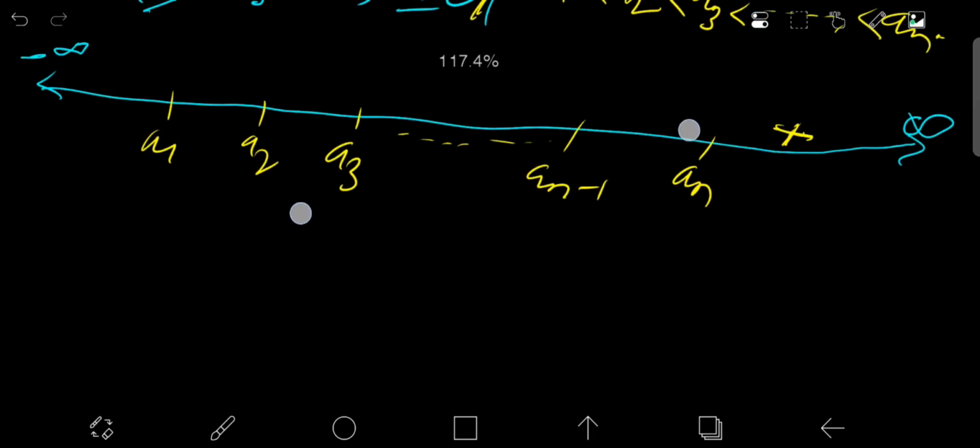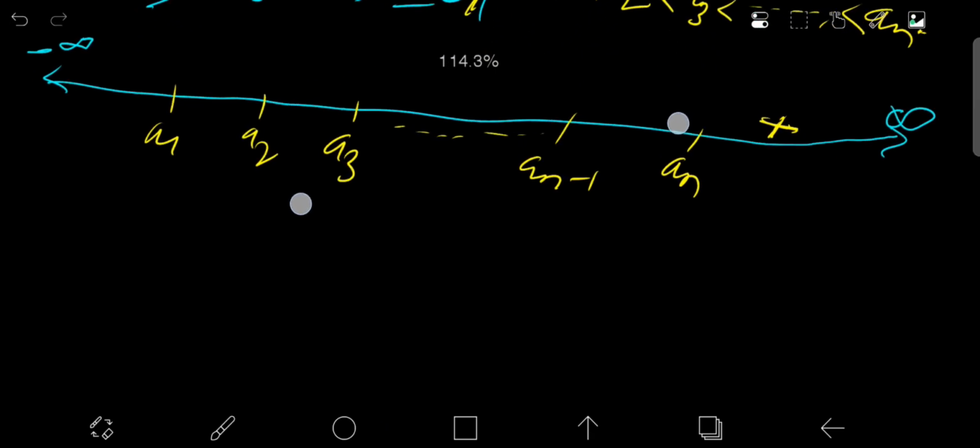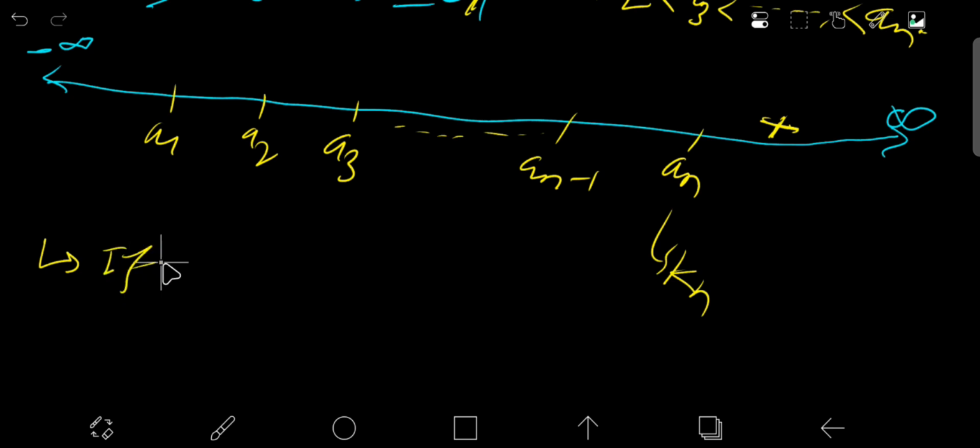For the factor an the exponent is kn. Now what sign do we put? Firstly we see the exponent kn: if it is even, then the sign stays.